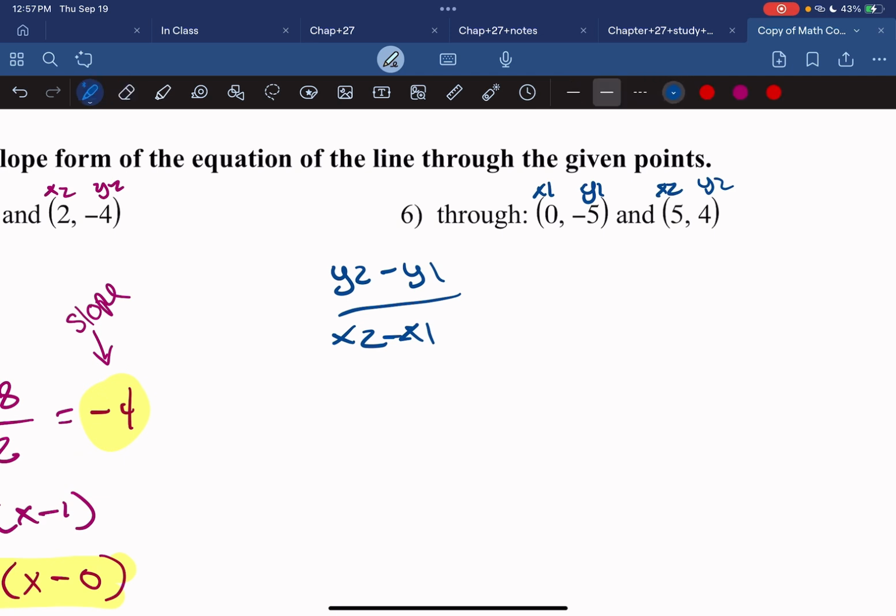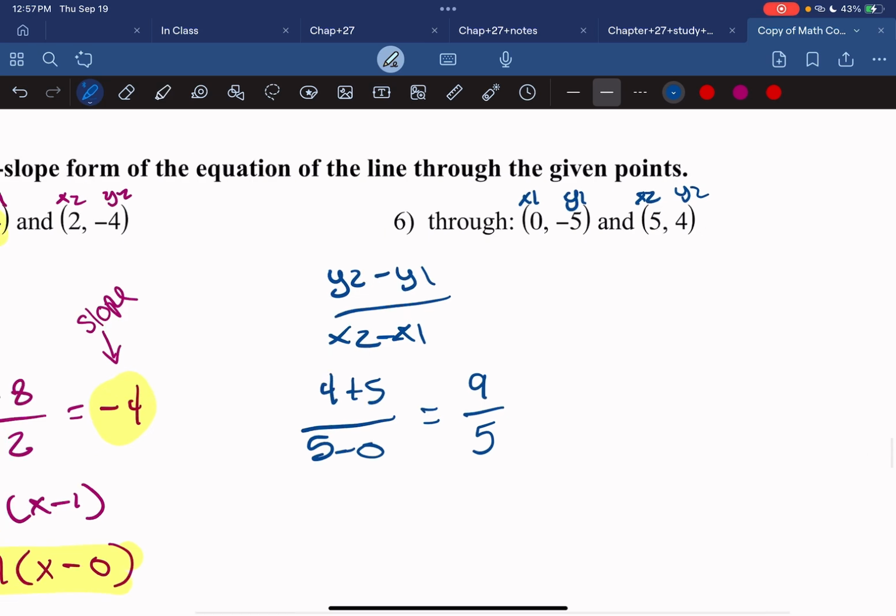Okay. So 4 plus 5, because it's a minus a negative, which is going to give us a positive, so it's going to be plus. 4 plus 5. 5 minus 0. 4 plus 5 is 9. 5 minus 0 is 5. So our slope is 9/5.